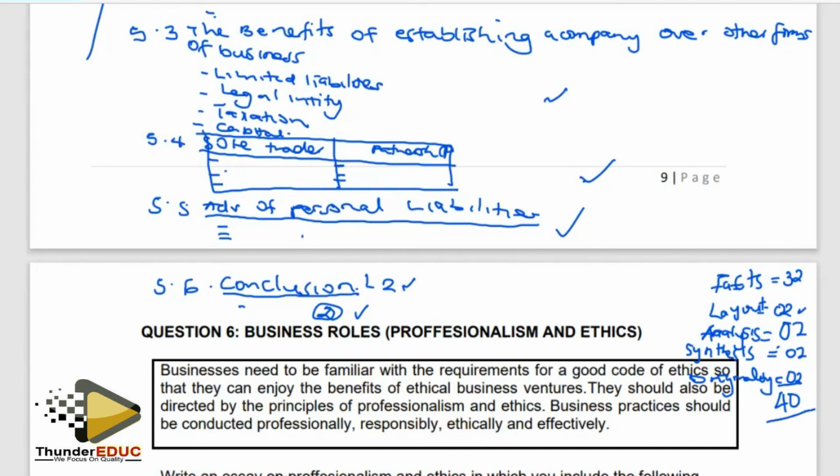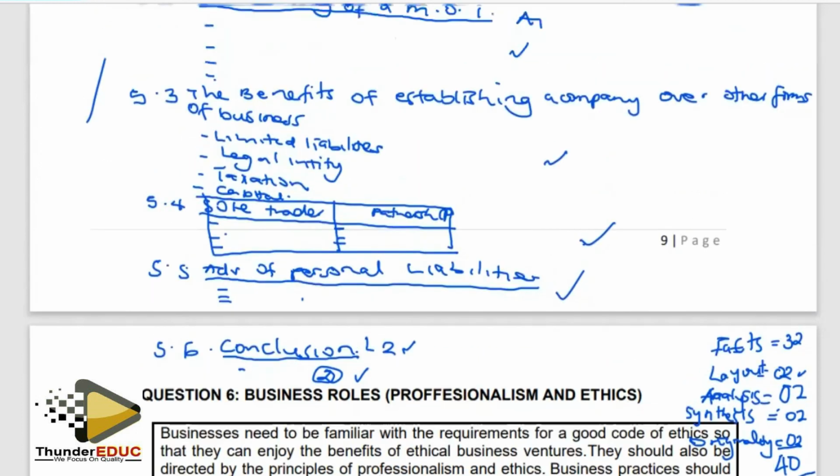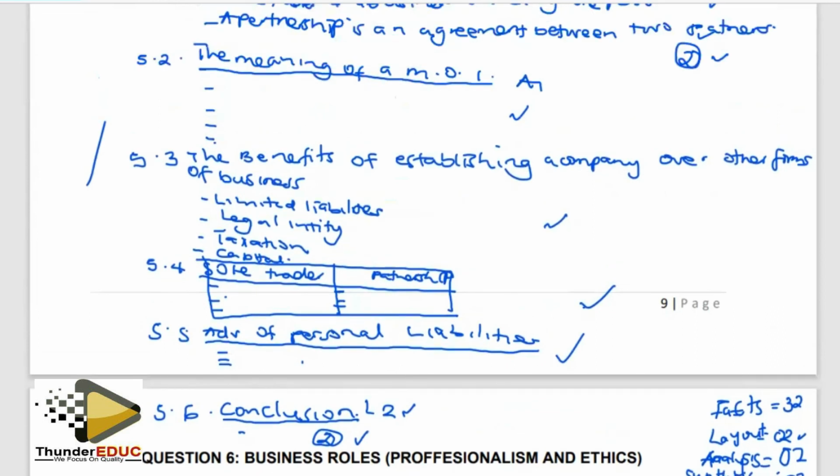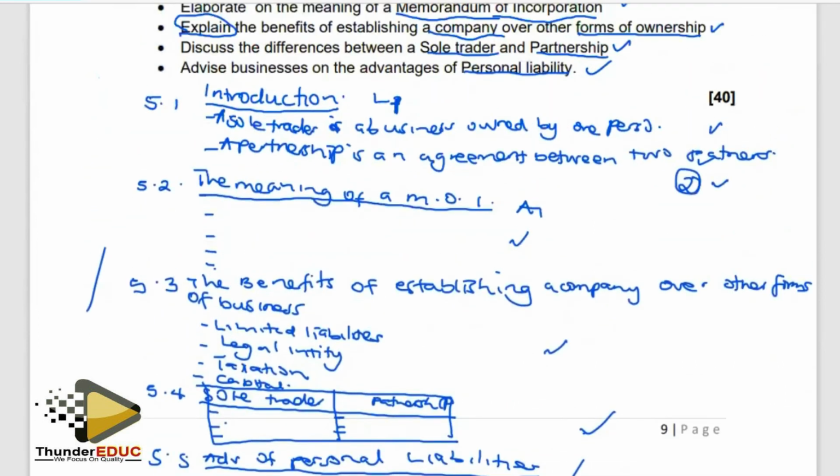I always implore you, always make sure that you must have these headings numbered. I mean, you must have at least 6 headings. The first one must be for introduction, and the last one should be for conclusion. Remember to give your examples.